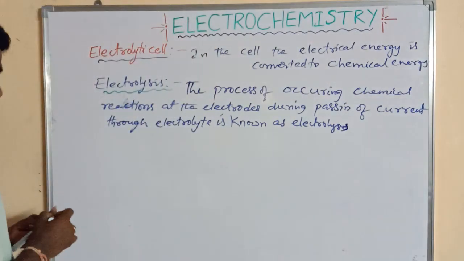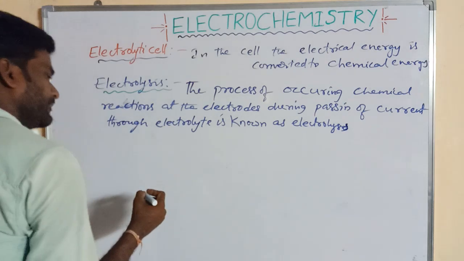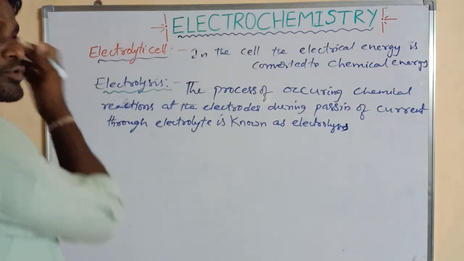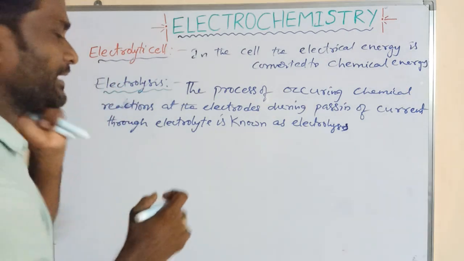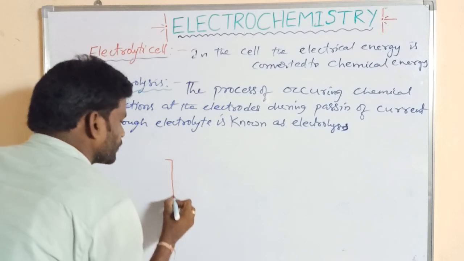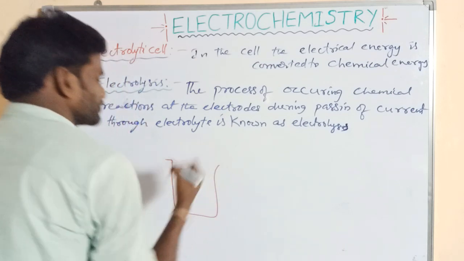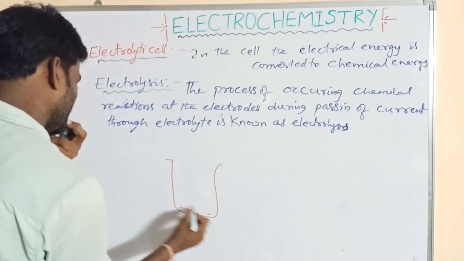First of all, we can draw a diagram. In the electrochemical cell, two half cells are taken, but in the electrolysis process, we take only one cell, one electrolyte cell. So this is the electrolytic cell, containing electrolyte.